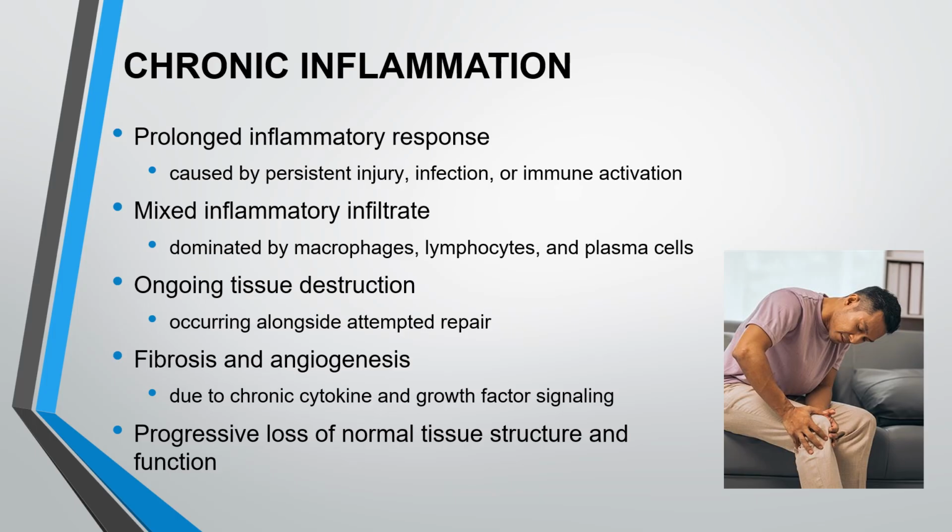At the same time, tissue destruction continues, fibrosis develops, and new blood vessels form, which is known as angiogenesis. If you see fibrosis plus inflammatory cells in the same section, you're almost always dealing with chronic inflammation. So chronic inflammation equals long-term damage with attempted repair.